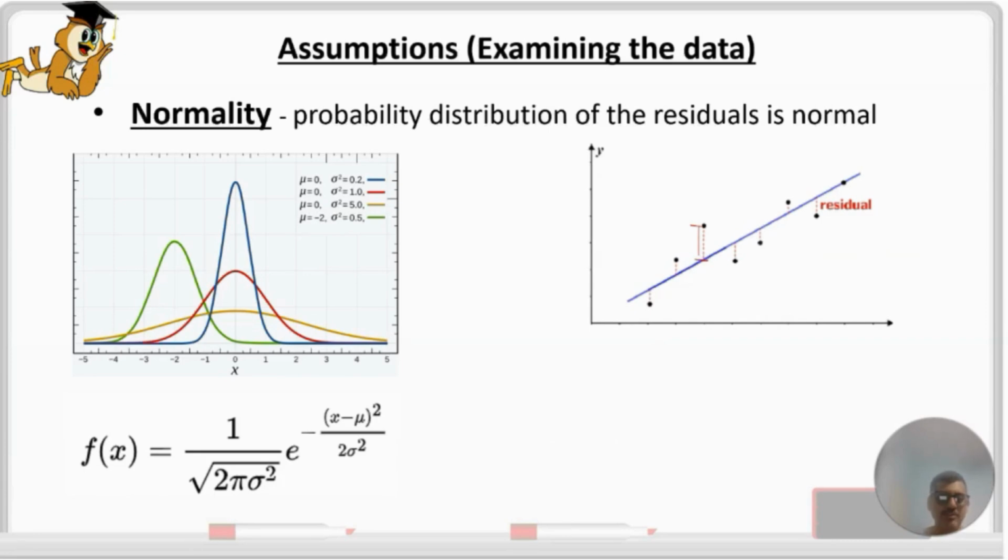I plotted a few graphs of the normal distribution for various values of mu and sigma, and you can see what it looks like. The assumption says that the probability distribution of the residuals would satisfy this equation. That is what the normality assumption is: the probability distribution of the residuals, computed after your regression is done, is normal.